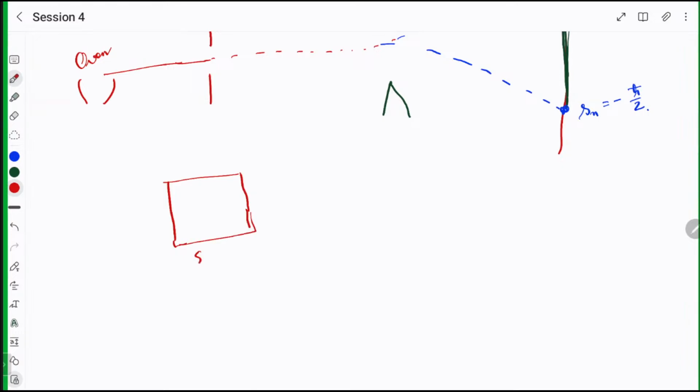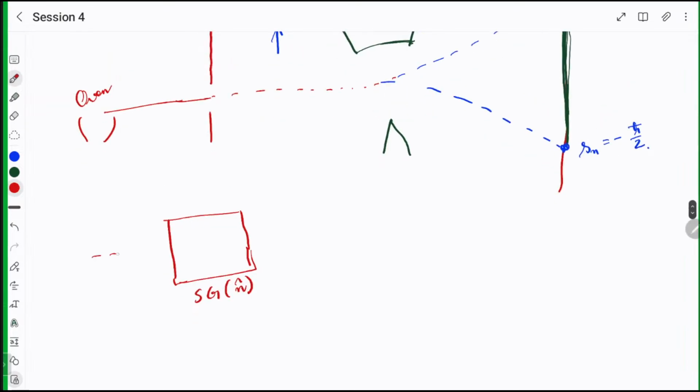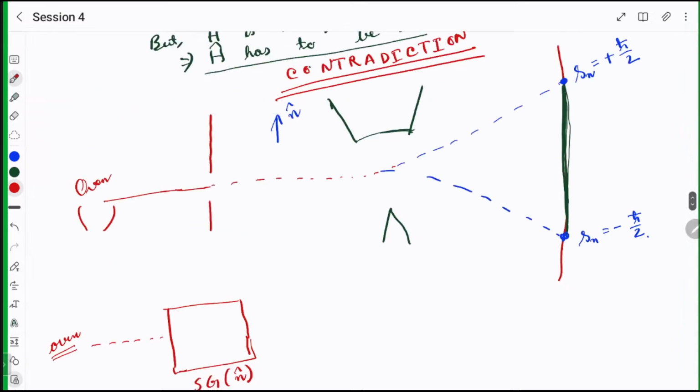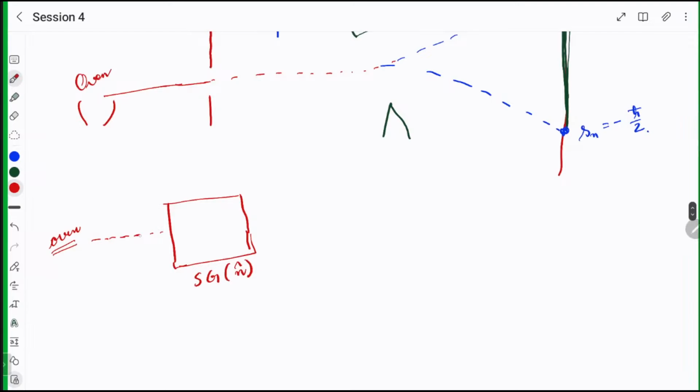The Stern-Gerlach apparatus is oriented along the n hat direction. Atoms are coming from the oven, or we can actually consider electrons, because only the unpaired electron in the atom was playing a role. So a beam of electrons comes in, inside the Stern-Gerlach it gets divided like this, and at the output we put a screen and we get some spots.